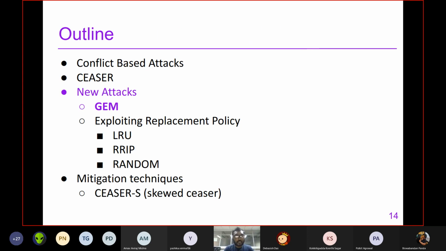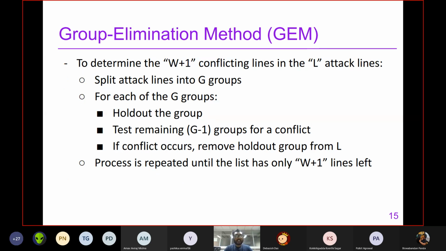Next, we see a group elimination method, which is faster than the single holdout method. The key change is that instead of holding out one line, we hold out a group of lines. So we split the lines into G groups, and each time we hold out one group and test the remaining groups together. If a conflict occurs, then we ignore the held out group because it is not necessary.